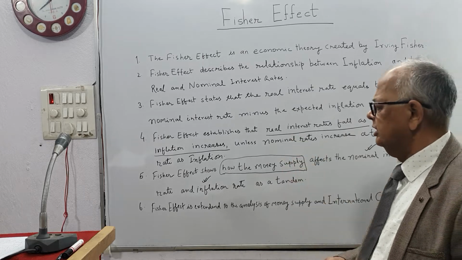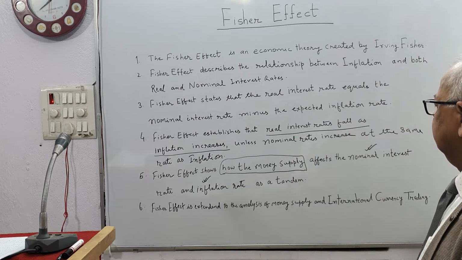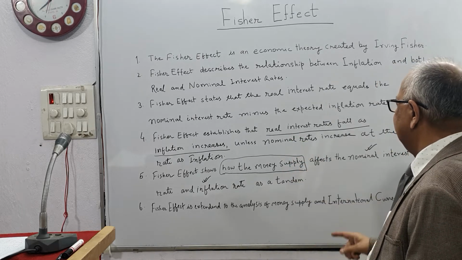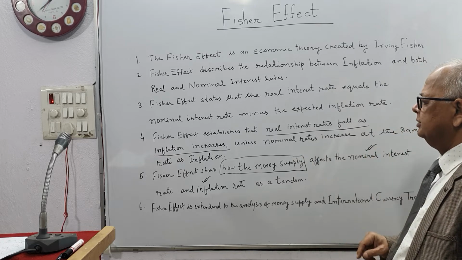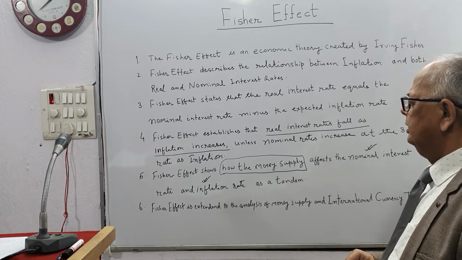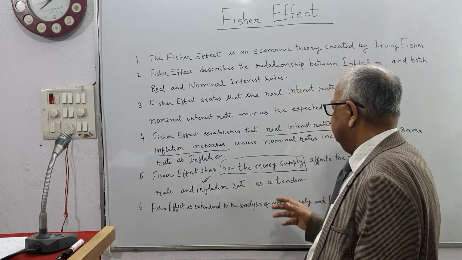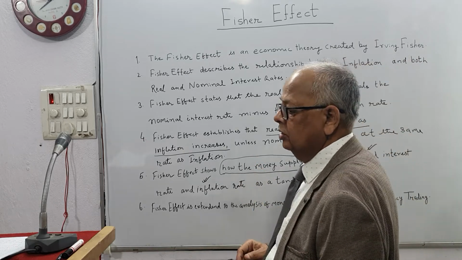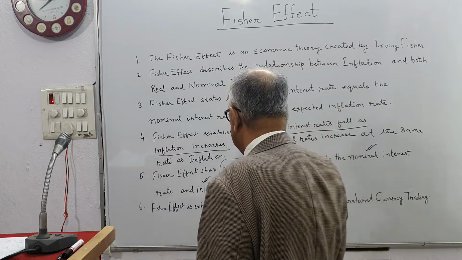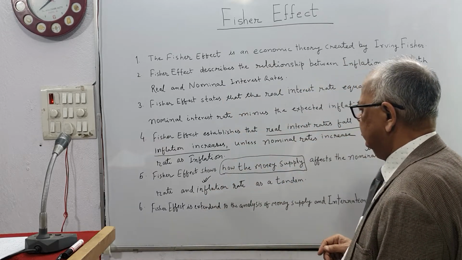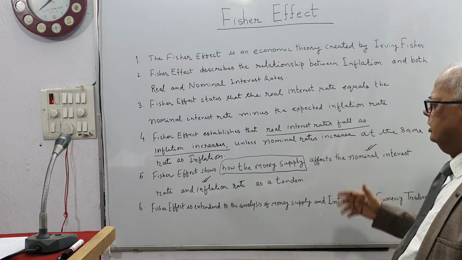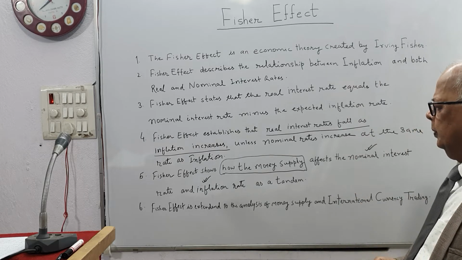But how the money supply affects nominal interest rate and then inflation rate as a tandem is also the most important aspect of the Fisherian effect. We will illustrate it diagrammatically just now.